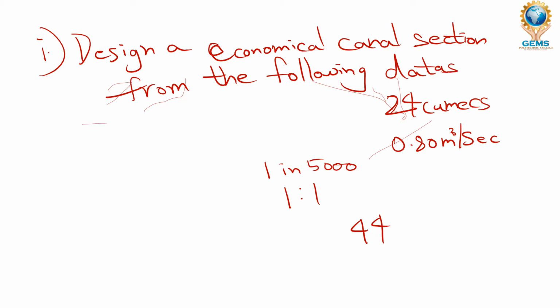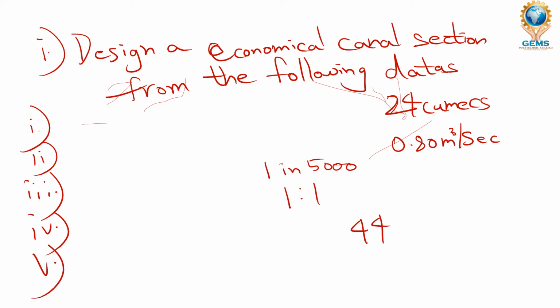First, I am going to write what will be available for our designing. I am going to write some important things which will be available as your data for solving this problem. First is Q, then P, then B, then S, then C. Kindly remember these things because these will be useful for you.